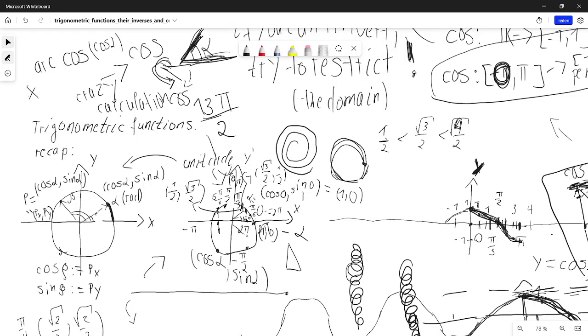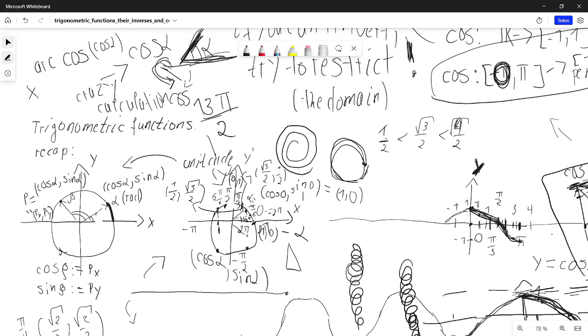You computed some cosinus of your alpha from some crazy calculations, and your stupid calculator gave you alpha as this, right? Arccosinus gives you alpha as this in this interval, right? And now you know that your angle actually is larger than 180 degrees, measured from here.